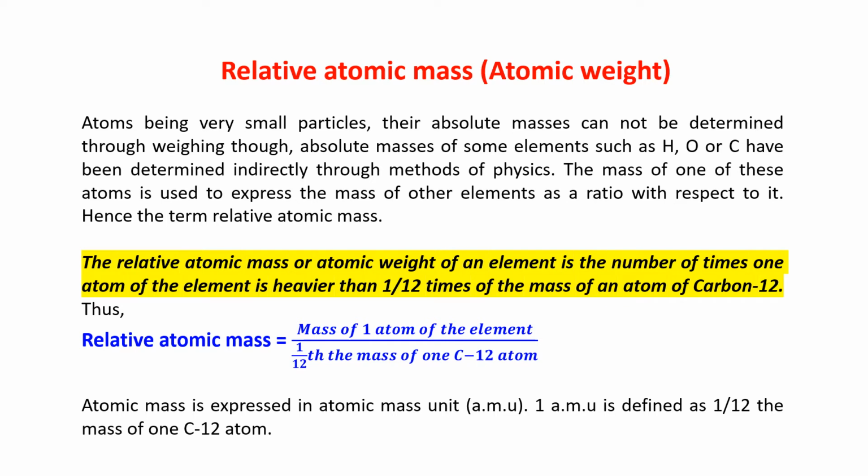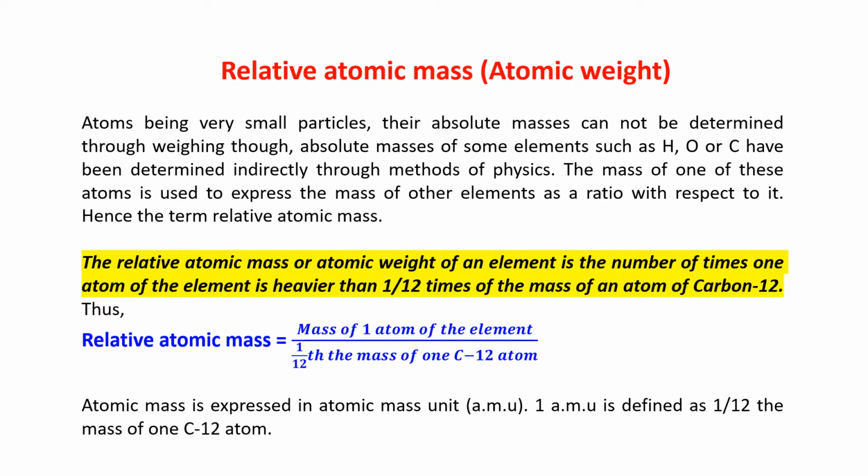The first is relative atomic mass or atomic weight. You all know about the atomic mass or atomic weight. Let us see what is written here. Atoms being very small particles, their absolute masses cannot be determined by weighing.